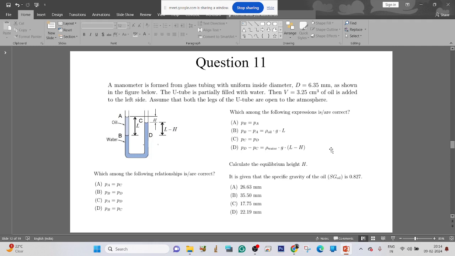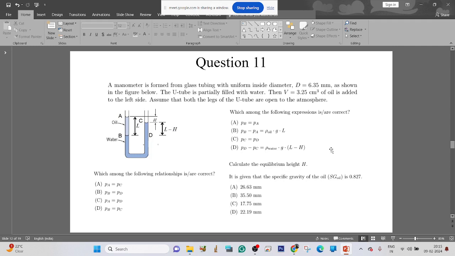We have already derived this: density of oil g L. Another is PD is equal to PC plus density of water g into (L minus H). So PA plus density of oil g L is equal to PC plus density of water g (L minus H). Why? Because we already know that PD is equal to PB. So that's why we have just equated them.